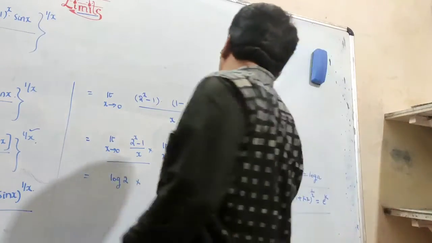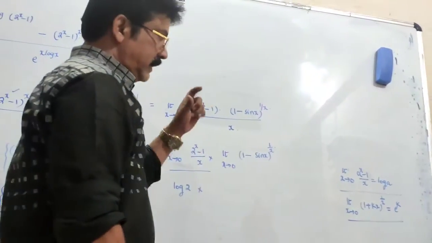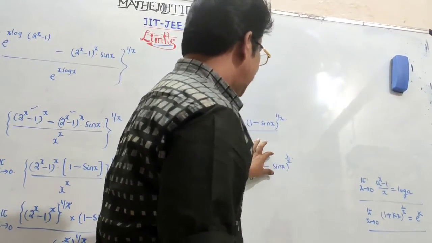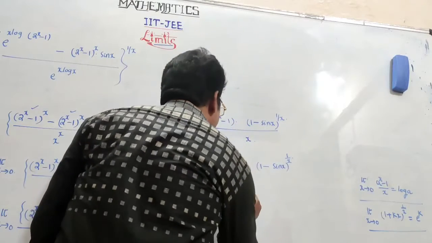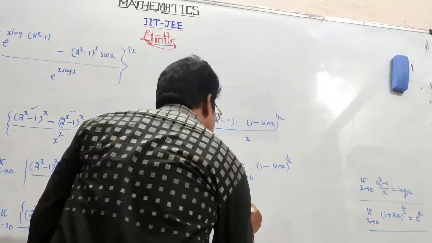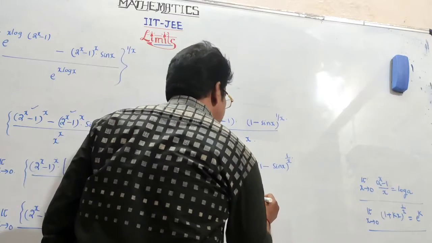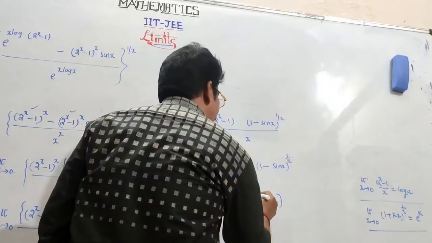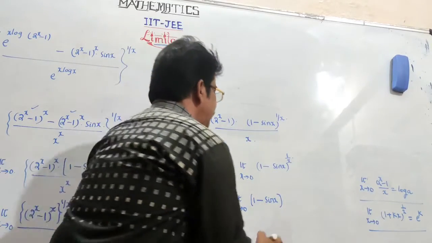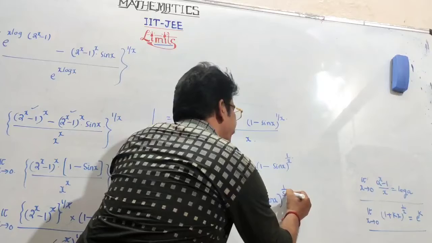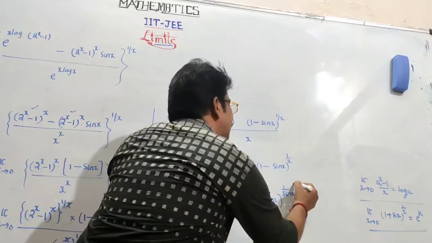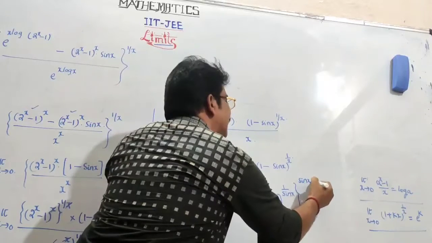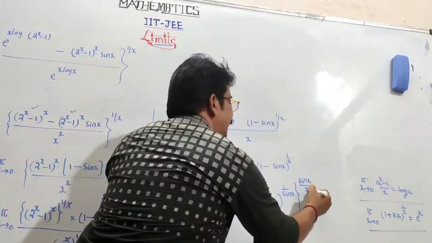Okay, now I am trying to obtain the standard form (1 plus kx) whole to the power of 1 by x regarding this function. So therefore limit x tends to 0, it is (1 minus sin x). For this I can write 1 by sin x. Later, to cancel sin x, I will write here sin x, already divided by x is there.